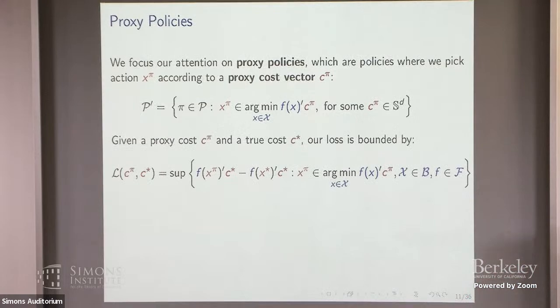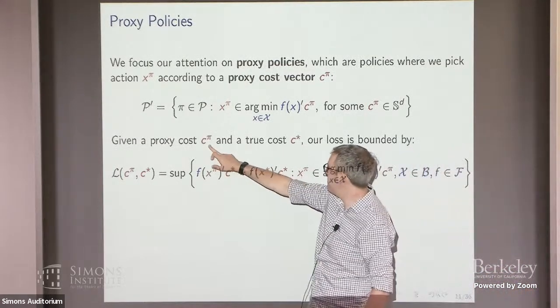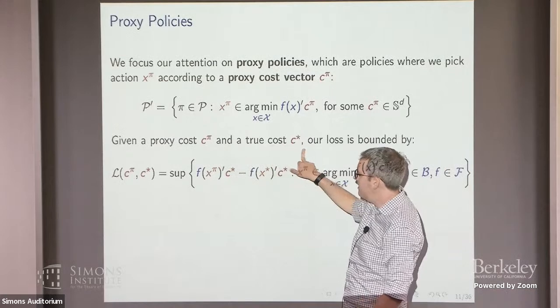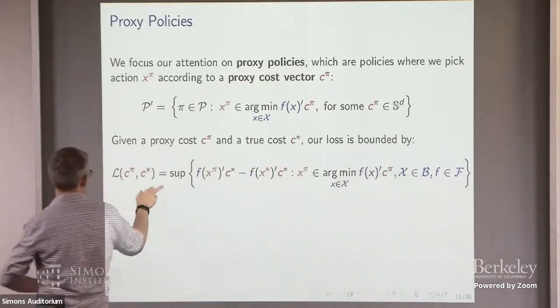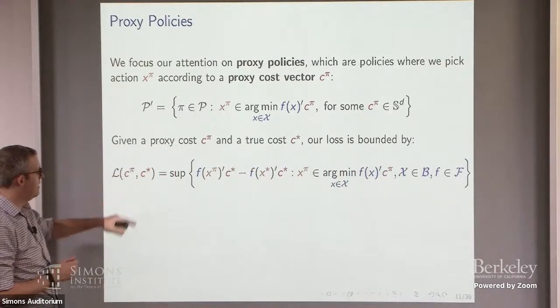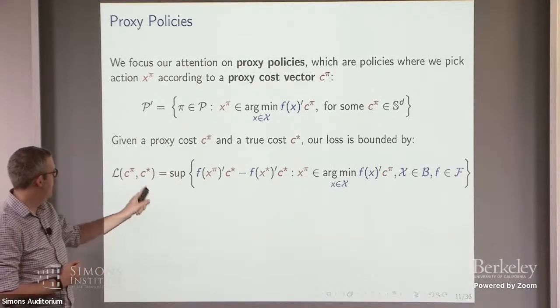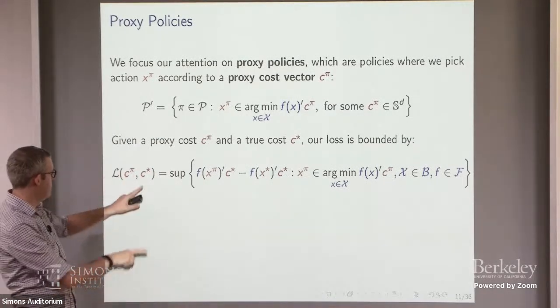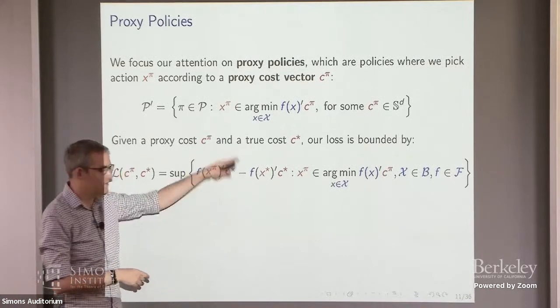And if I have a proxy cost and a true cost, then I can define some sort of worst case loss, right? What is the worst case loss? It's: if my cost is this and the true cost is this, how bad can I do?